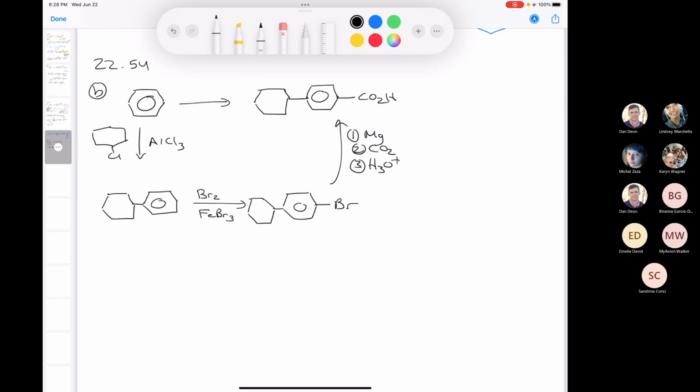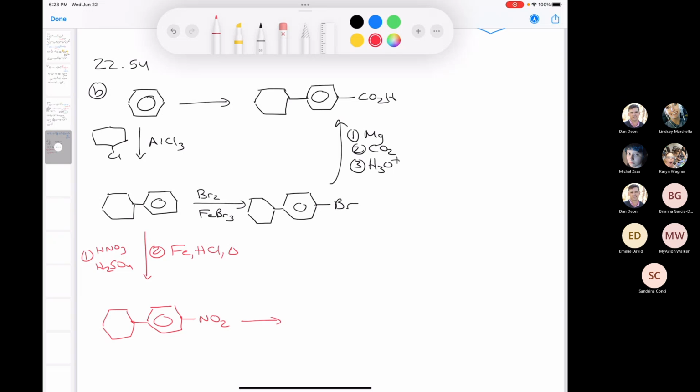You could also take this compound and do a nitration, so treat that with nitric acid and sulfuric acid. Then we'll reduce that right away to the amine. Let's choose iron and HCl, and we'll just heat that up. So you would end up with this compound where you have the nitro group para to the cyclohexyl.